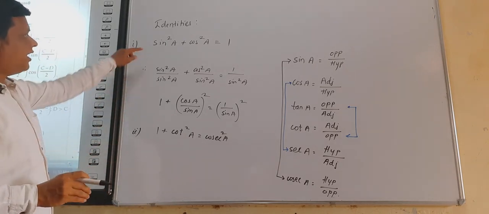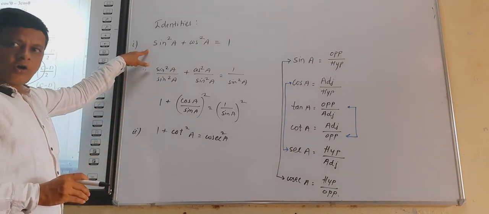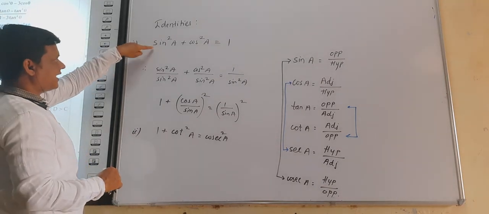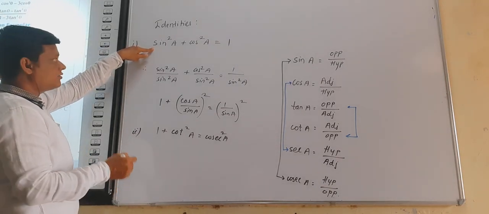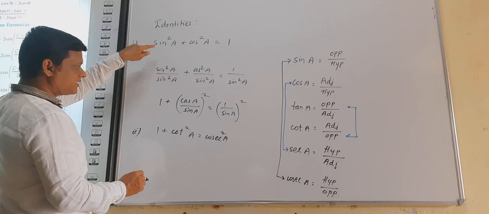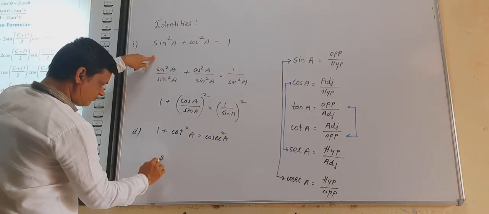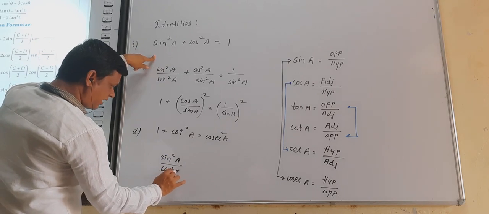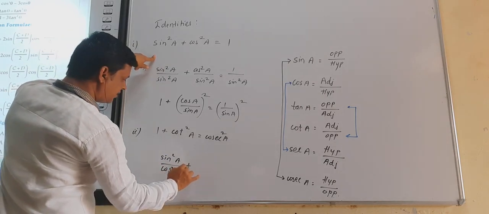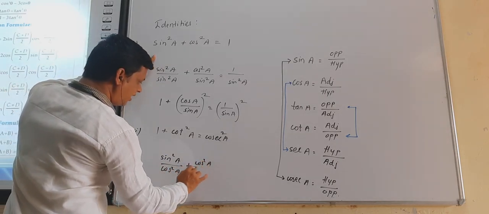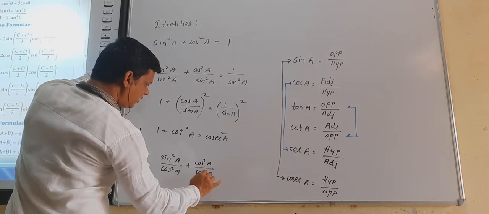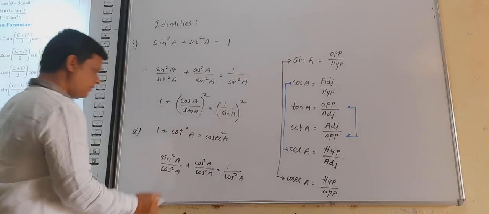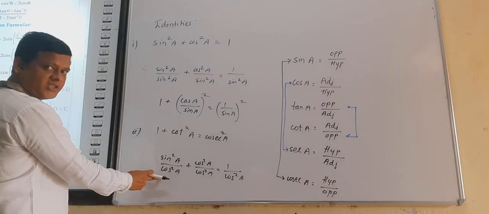If we divide it by cos square A instead of sin square A, we get sin square A upon cos square A plus cos square A upon cos square A is equal to 1 upon cos square A. Sin upon cos, that is tan.